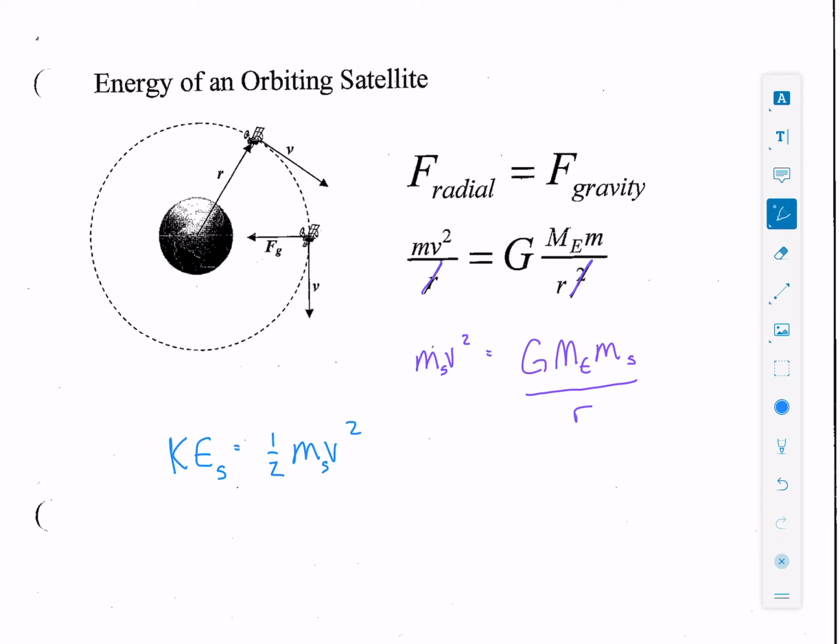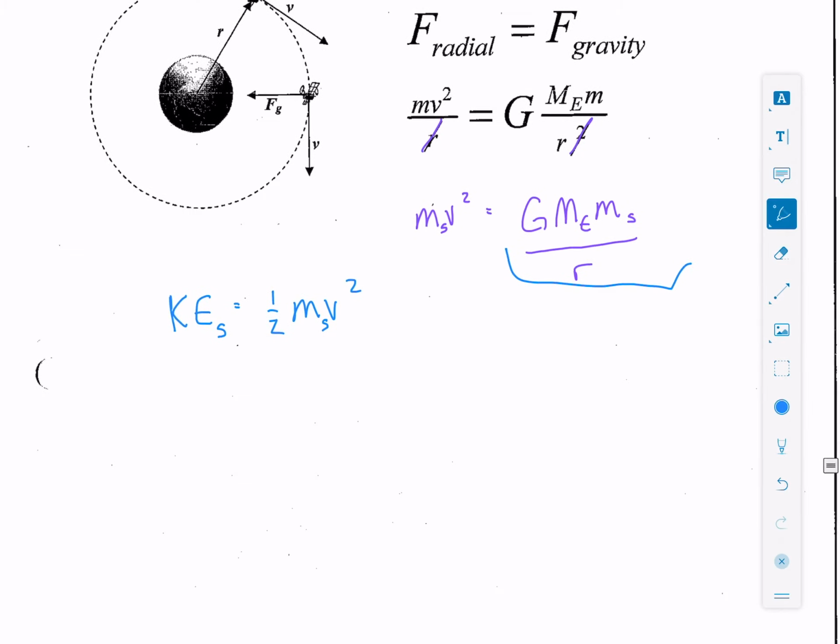Well, mv squared, we just found out, is G, mass of the Earth, mass of the satellite, over r. So let's plug that in. The kinetic energy of the satellite is therefore 1/2 of G, mass of the Earth, mass of the satellite, over r.